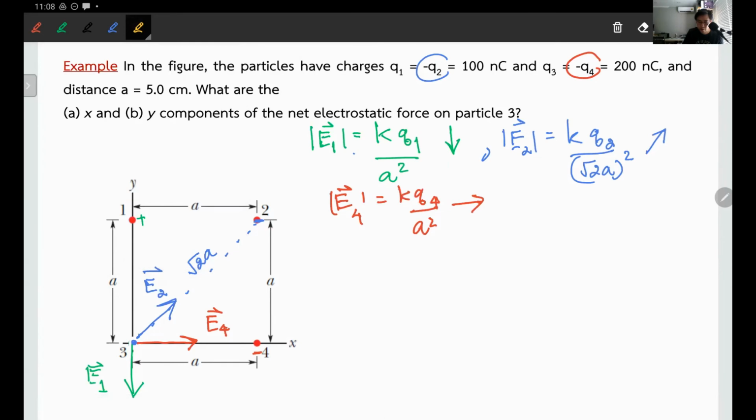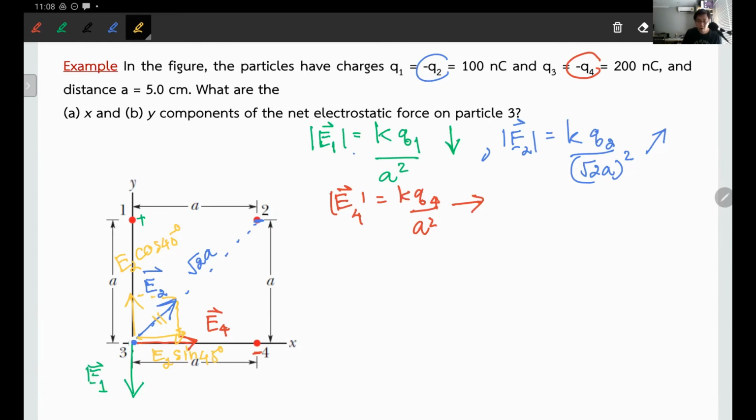Only E2 is not horizontal or vertical, so I'm going to break this E2 into two components: E2 cosine 45, and the horizontal one, E2 sine 45. It's 45 degrees, so sine and cosine are the same.